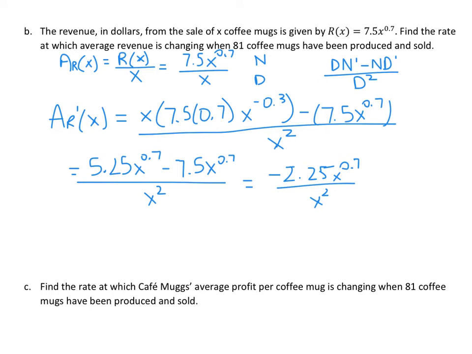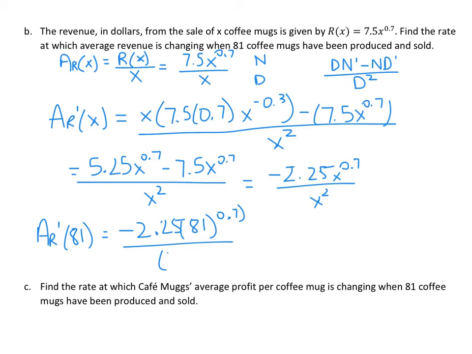Alright, now we want to find the rate at which average revenue is changing when 81 coffee mugs have been produced. So now we're going to plug 81 into our derivative here. So negative 2.25 times 81 to the 0.75, all divided by 81 squared.